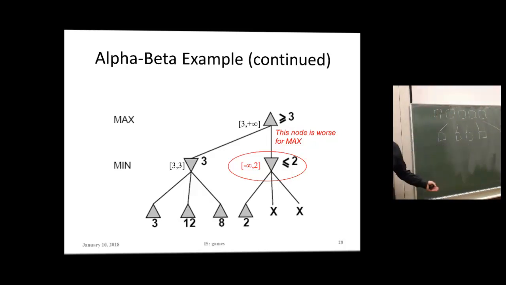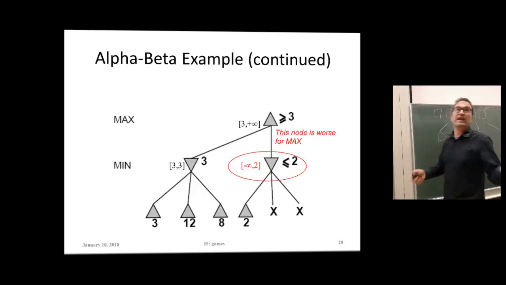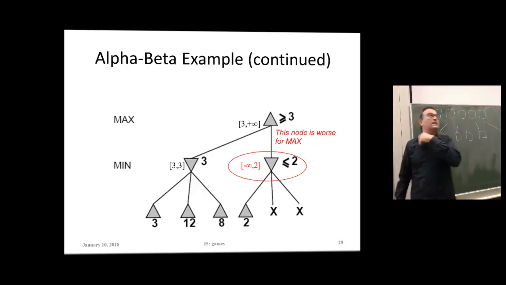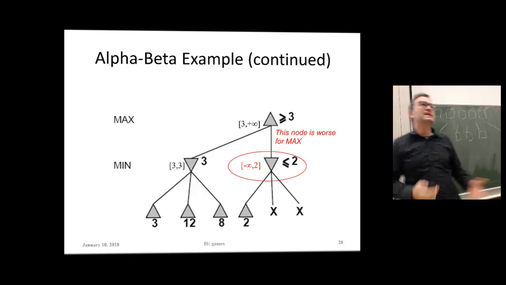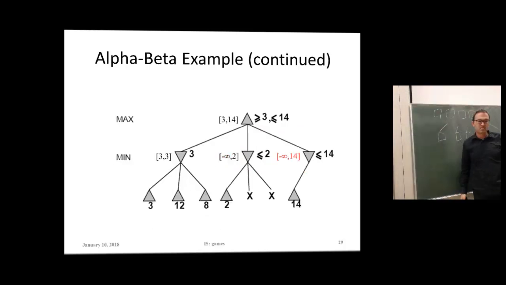But if it's smaller than 2, it will have no impact on max, because max already has something to choose bigger than 3, or 3 itself. So basically, this means that we do not have to look at these branches. They are redundant. We can simply ignore them. Okay, so that helped us already to cut off these 2 branches.